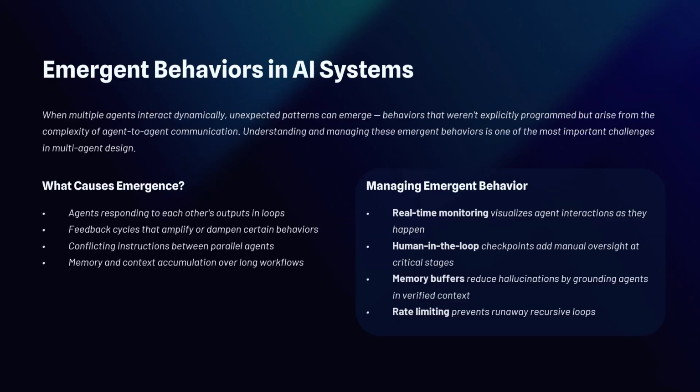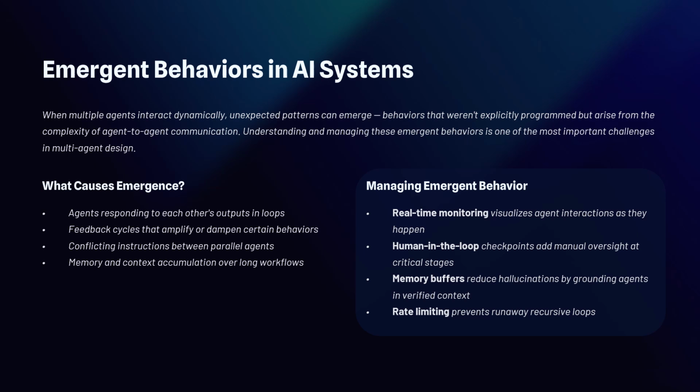In multi-agent AI systems, something fascinating can happen when many agents interact continuously. The system may begin showing unexpected behaviors that were never directly programmed. Think of it like a group discussion where conversations evolve in surprising directions. These emergent behaviors often appear because agents keep responding to each other's outputs, creating feedback loops, conflicting decisions, or accumulating large amounts of context over time.